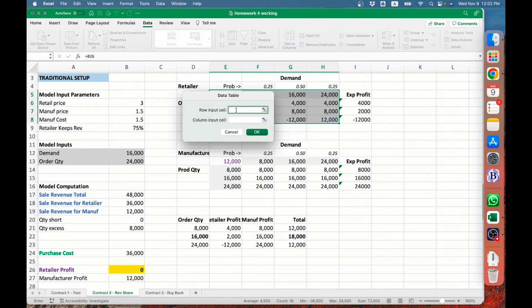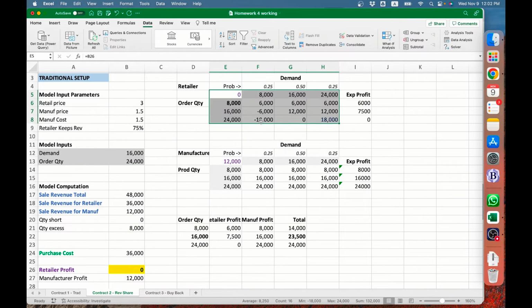Row, we have the demand, so demand goes into the row, and the order quantity is in the column, and so that becomes, notice immediately 8,000 is no longer maximizing the expected profit for the retailer. Now the retailer will actually order 16,000 because that's what maximizes his expected profit.